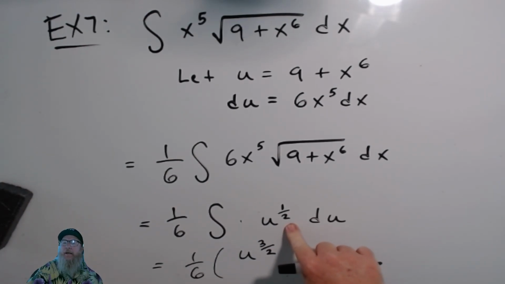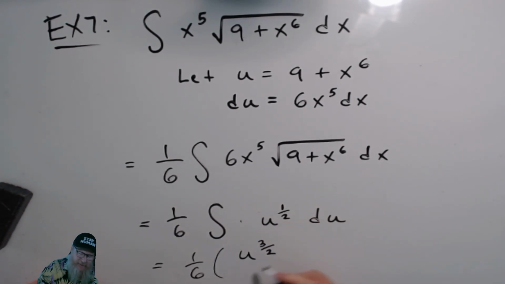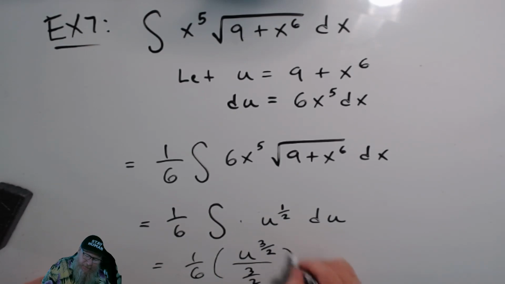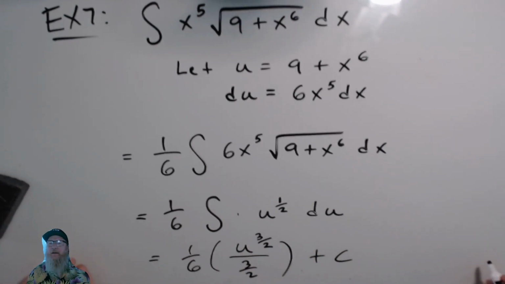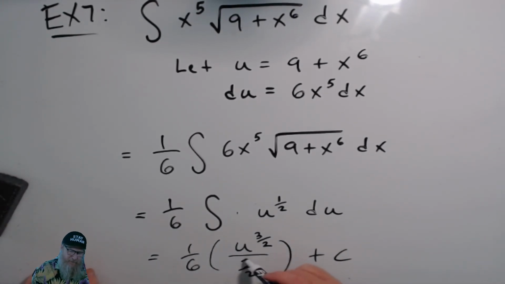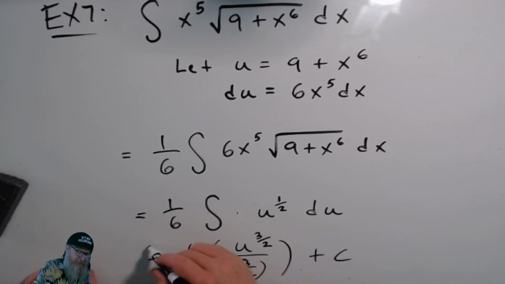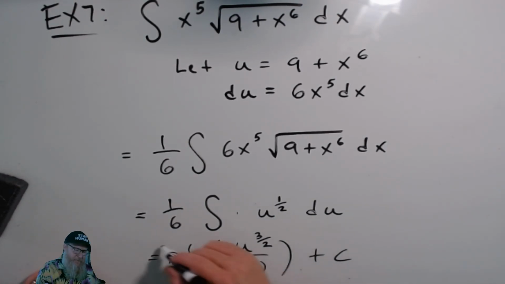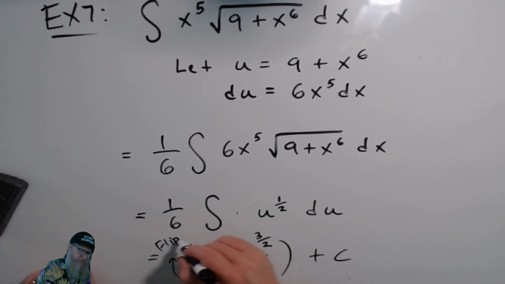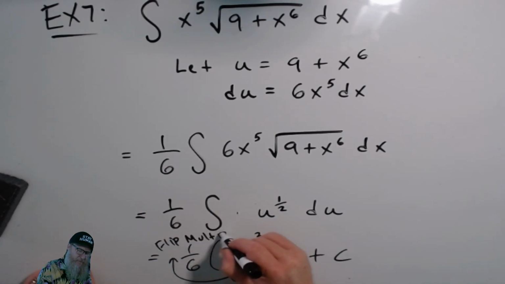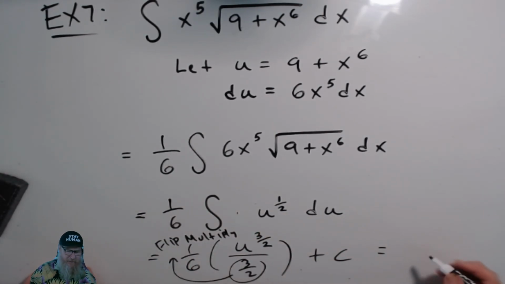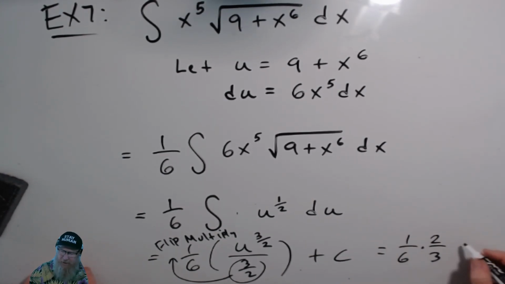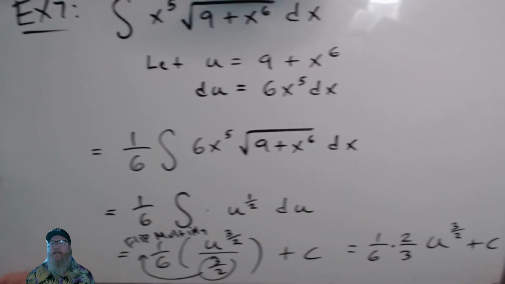You're adding 1 and then dividing by 3/2. The 3/2 you're going to want to flip and multiply. So you're going to get 1/6 times 2/3 u to the 3/2 plus c.